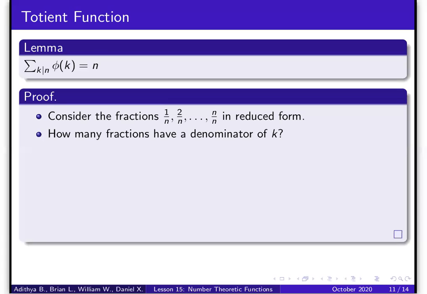Remember that if the fraction has a denominator of k when it's in simplest form, then the numerator of that fraction has to be relatively prime to k. So now does anyone have any idea for how many fractions have a denominator of k?